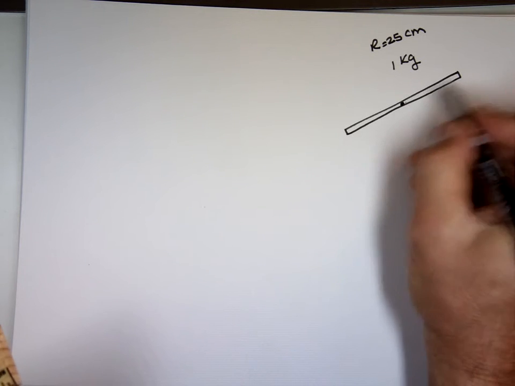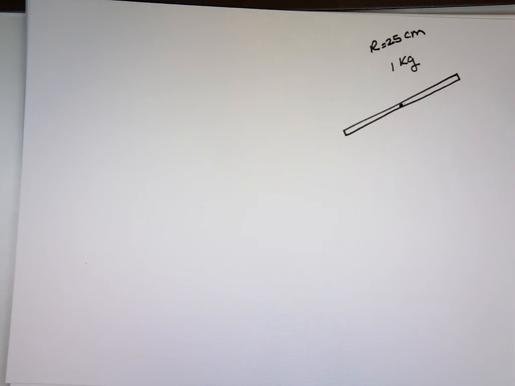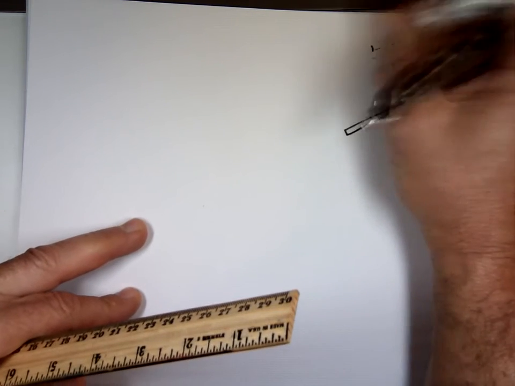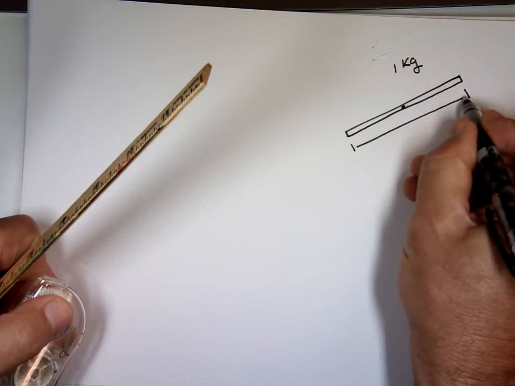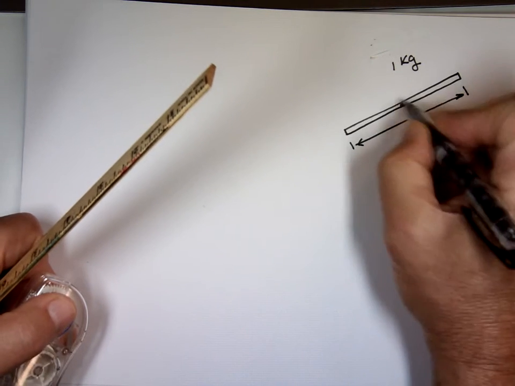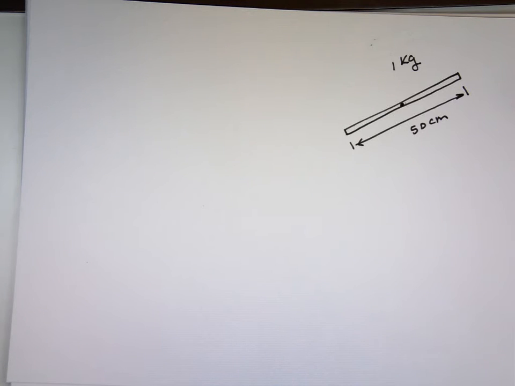That's from the center to the end, so the length of this is 50 centimeters. If you split it, it's not a circle yet. So that's a blade for the lawnmower.